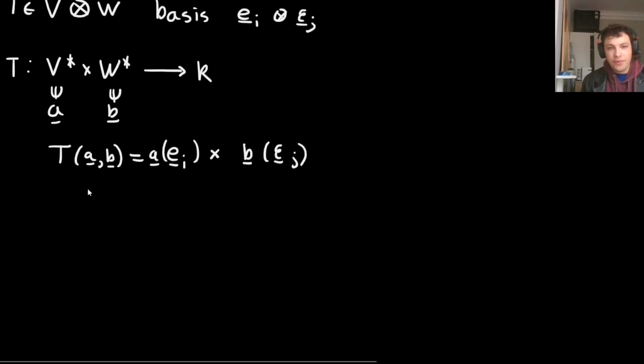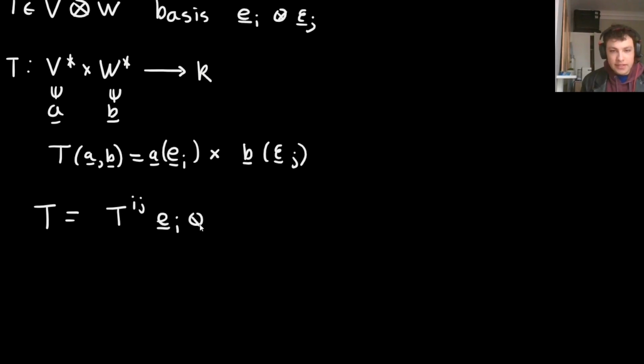And so if we instead have T is, and we're going to use Einstein's summation convention everywhere here, T^{ij} e_i tensor epsilon_j, then it's just going to be T^{ij} A acting on e_i times B acting on epsilon_j.